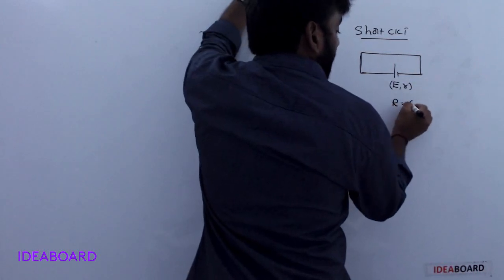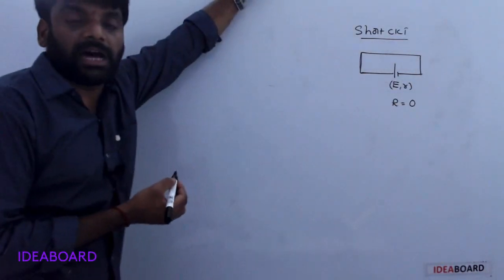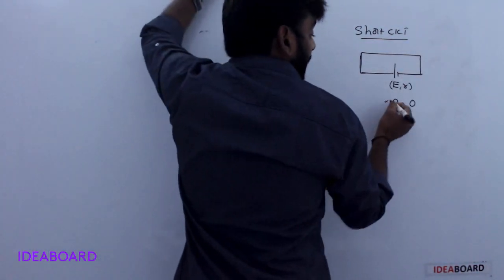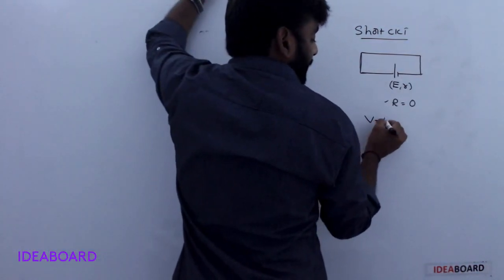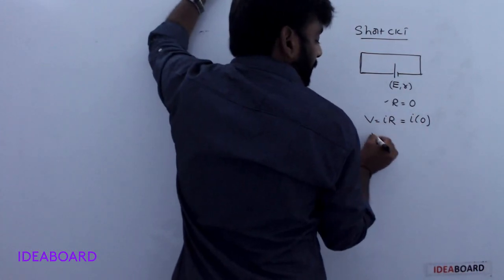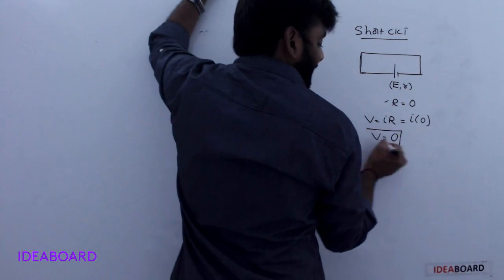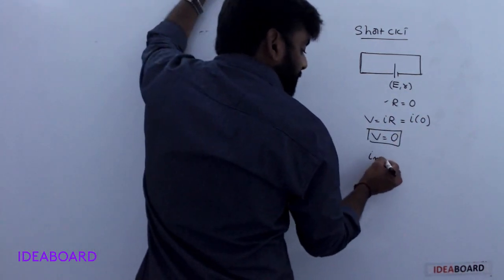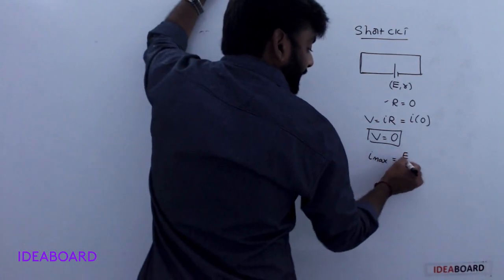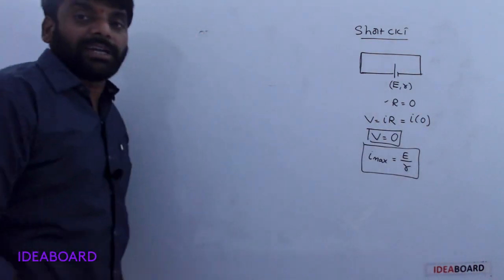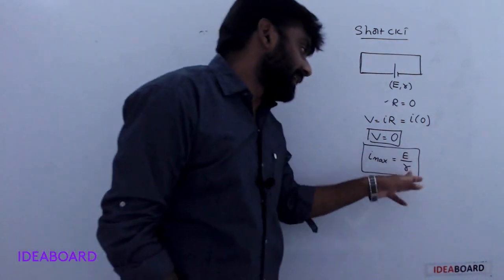That means R is equal to 0. V is equal to IR, which is I into 0, so the potential drop is 0 in this case. Here maximum current is possible, that is E by r.